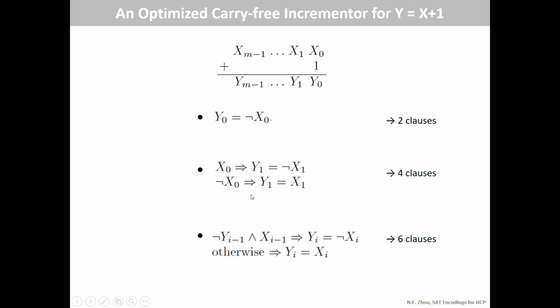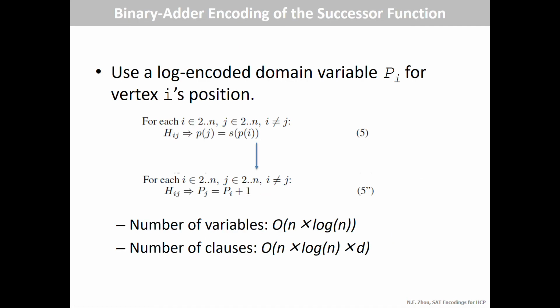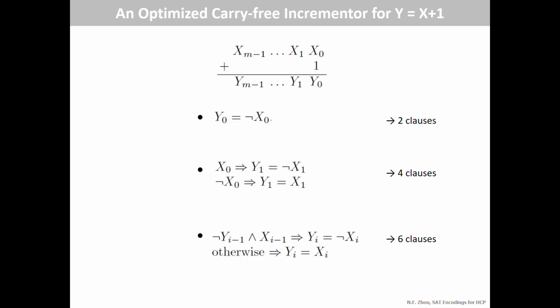This add 1 constraint is a crucial constraint in this encoding. So it is very important to find an efficient encoding for this incrementation. Given a binary string, we add 1 to it to generate the next position.